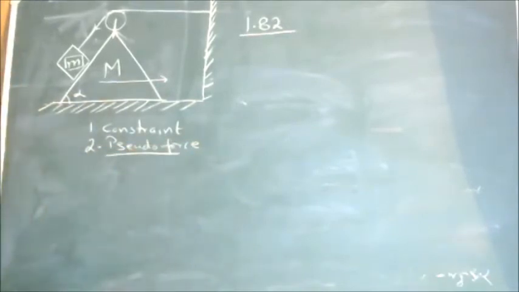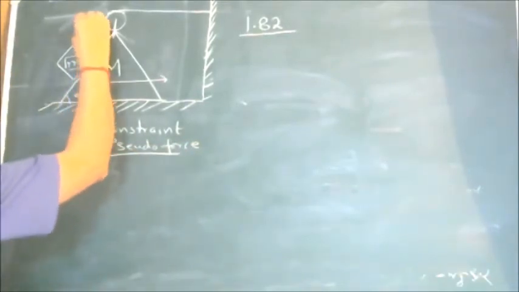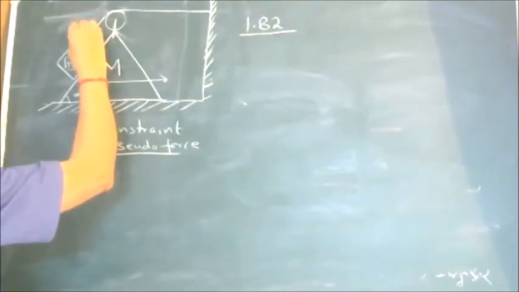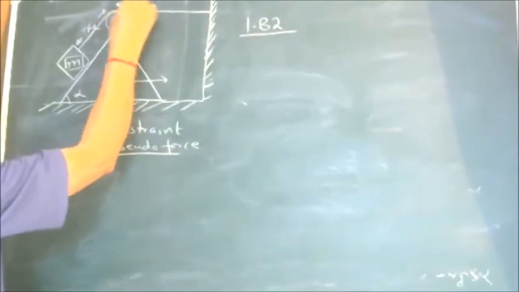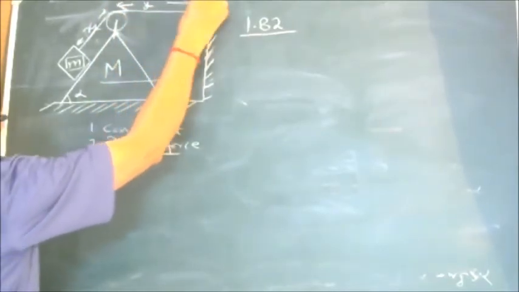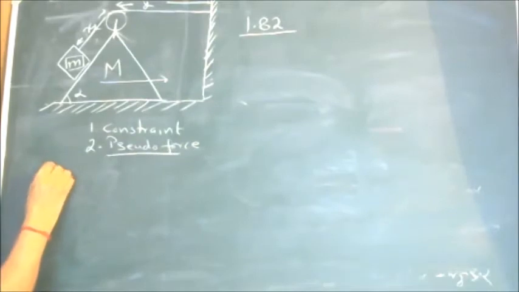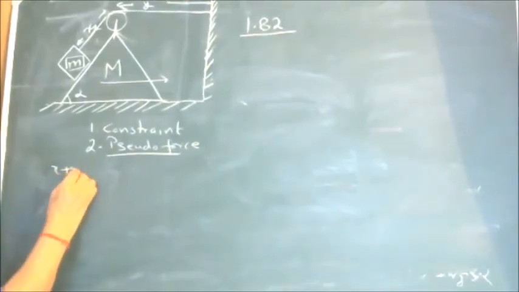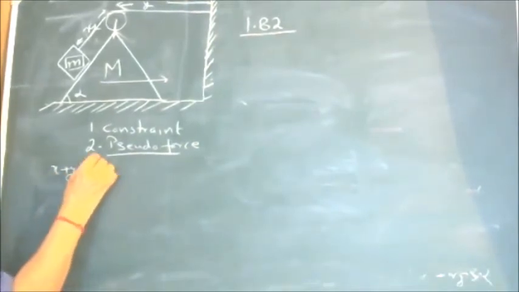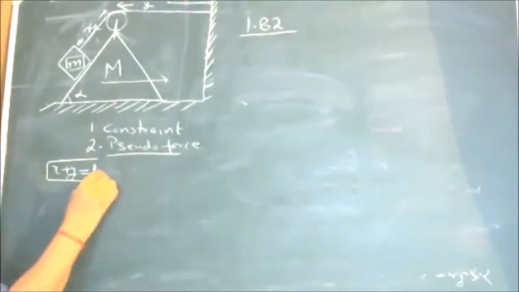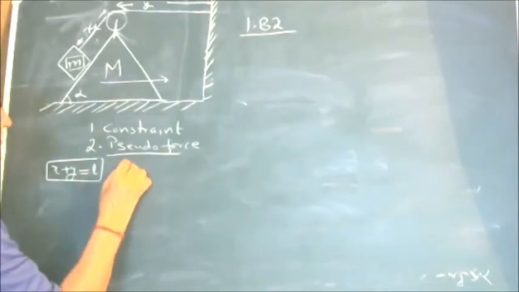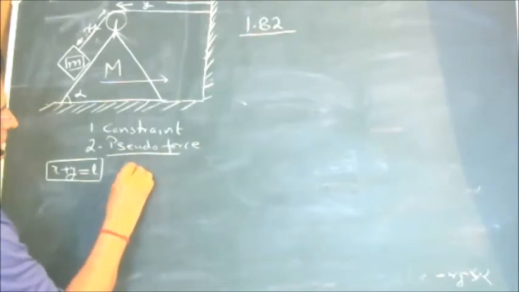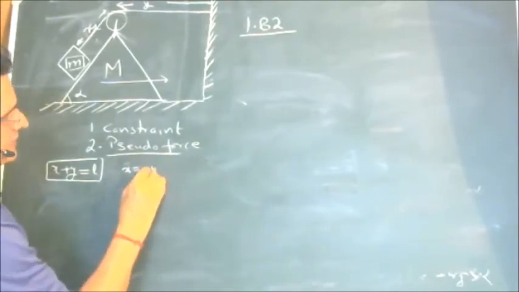As far as the constraint is concerned, if this part is length x and this part is y, then x plus y will always be constant, equal to L. If we differentiate it twice with respect to time, x double dot is equal to minus y double dot.